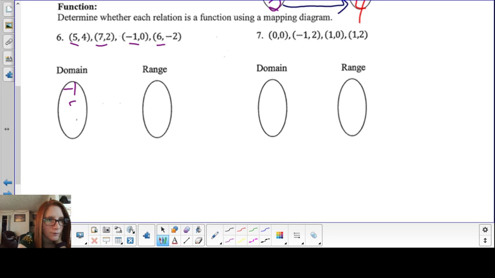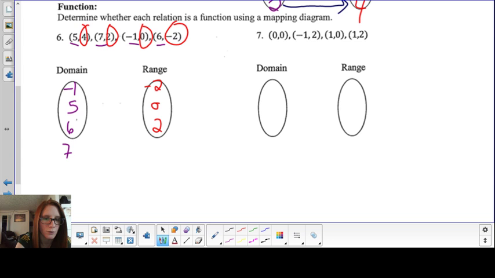Then 5, then 6, then 7. And yes, I see I wrote a little bit past my thing, but that's so you can read it clearly. Okay, which one's my smallest? Well, my negative 2. Then 0, then 2, then 4.